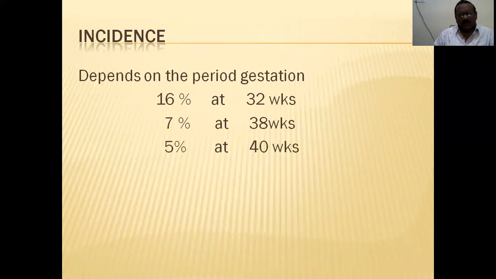Up to 32 weeks it may be 16%, but later on, as the baby moves inside the amniotic fluid, it may turn to cephalic presentation. So 16% at 32 weeks, 7% at 38 weeks, and 5% at 40 weeks. So the incidence of breech presentation at term is only 5%.